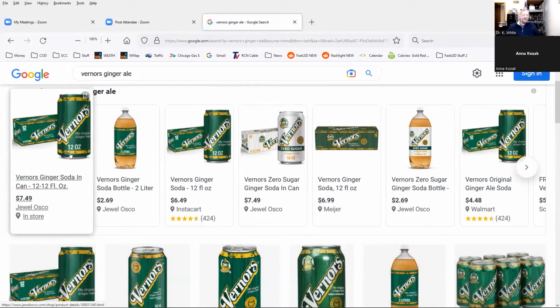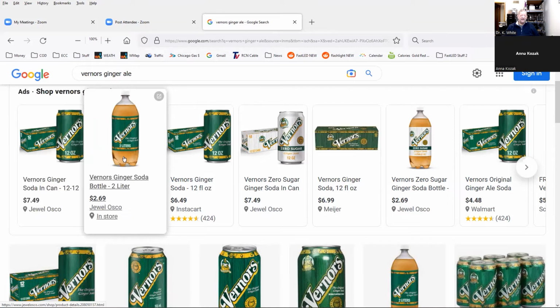That's Verner's, and it's called ginger soda. It's a very spicy ginger ale that's highly carbonated, and I love it. I've been drinking it for decades now. And I also like Dr Pepper. And the material, the liquid in here, the pop, that's a homogeneous solution. It's a complex mixture of many things.